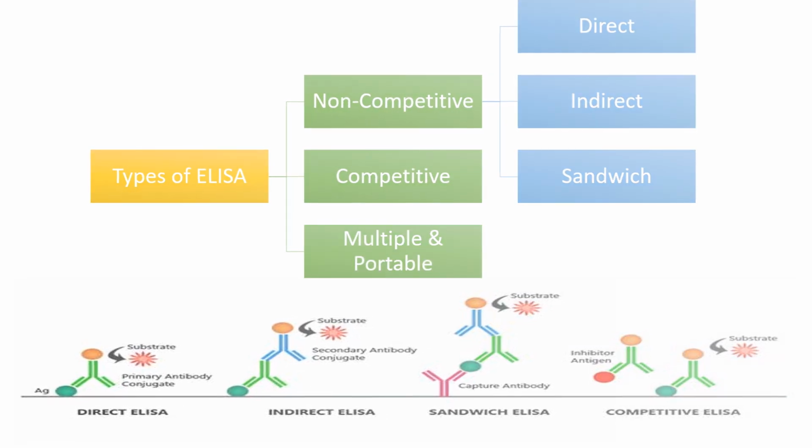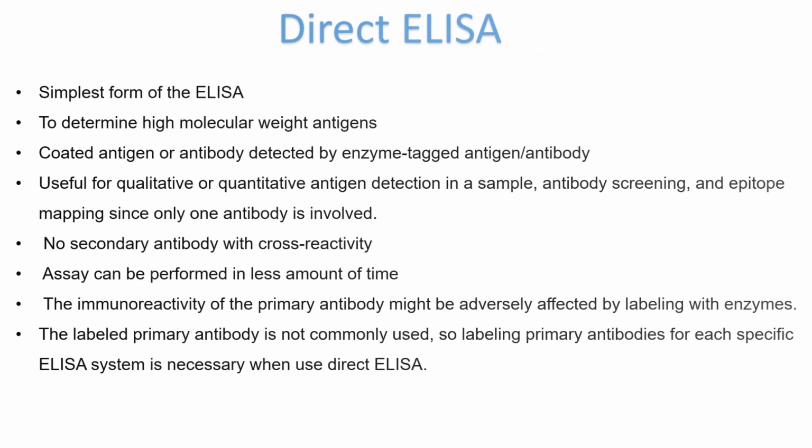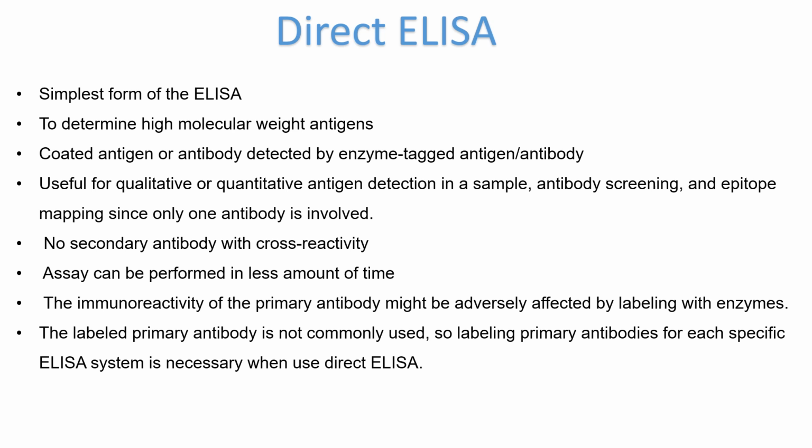First is direct ELISA. It's the simplest form of the ELISA to determine high molecular weight antigen. Coated antigen or antibody detected by enzyme target antigen antibody, useful for the qualitative or quantitative antigen detection in a sample, antibody screening and epitope mapping.